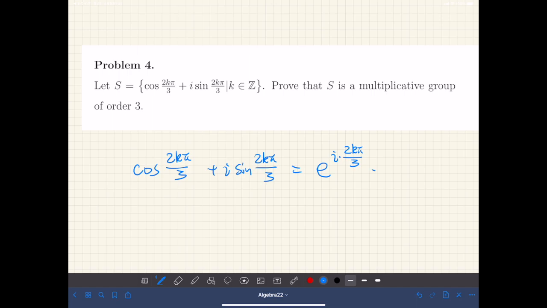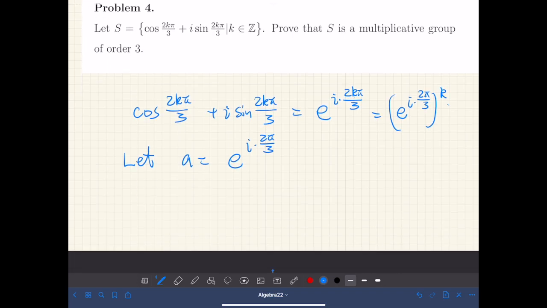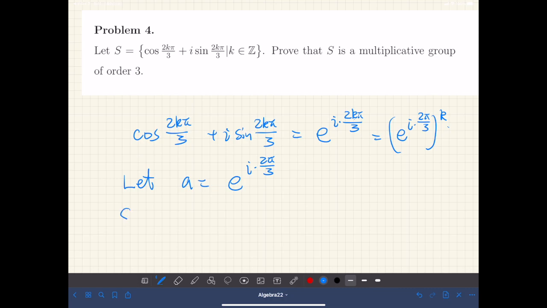Taking k out, this is exponential of i 2π over 3, everything to the power of k. Therefore, let a be the constant exponential of i 2π over 3. Then S is a set of powers of a.